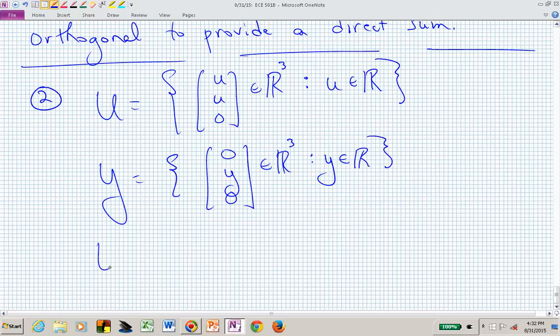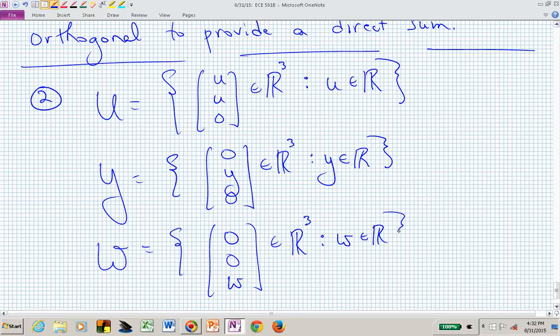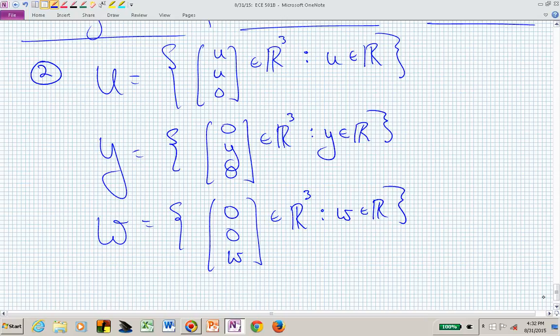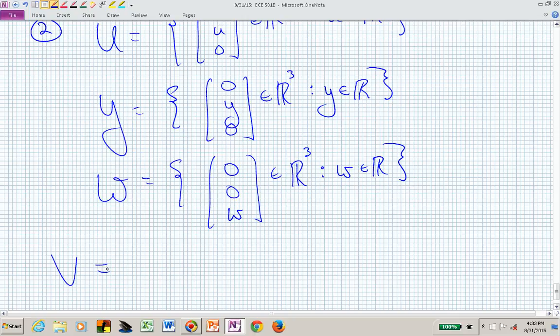And suppose W is (0, 0, w), where the third coordinate is any real number. That combination of three subspaces does fill R3. Our vector space V is all of R3, which is U, direct summed with Y, direct summed with W.